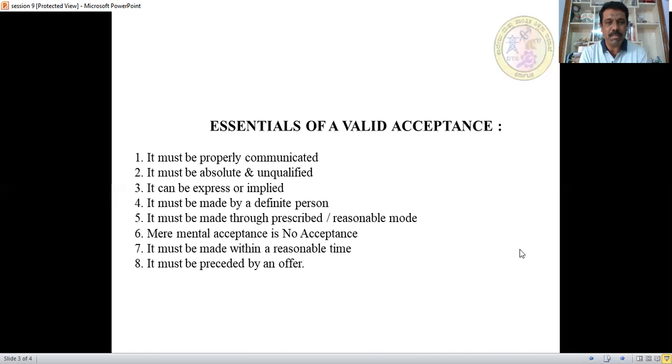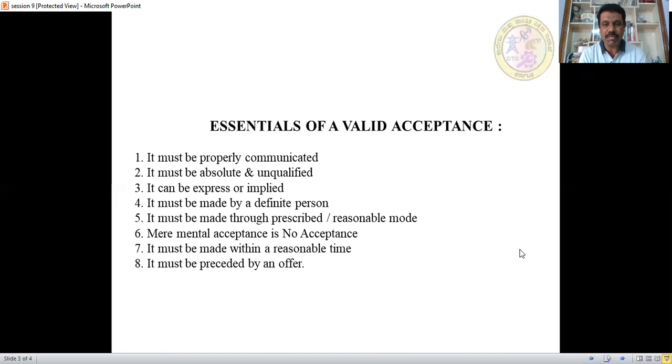Then it must be made by a different person, meaning acceptance must come from the person to whom the offer is made, to whom the proposal is made. It must be made through the prescribed or reasonable mode.